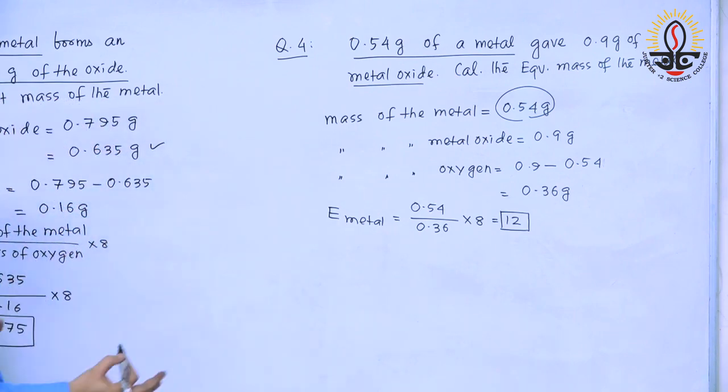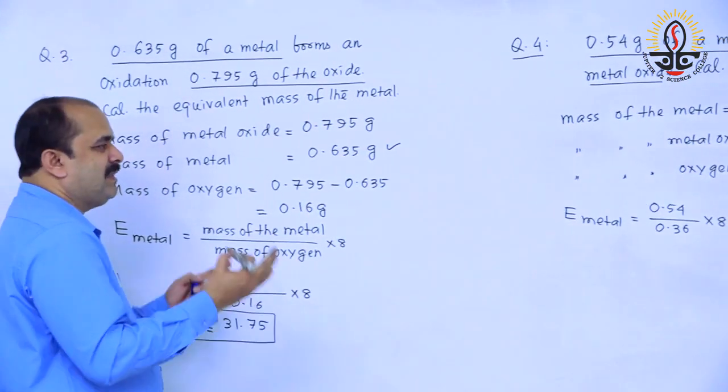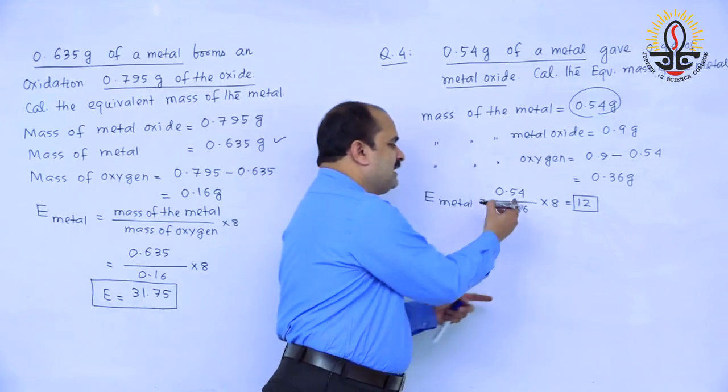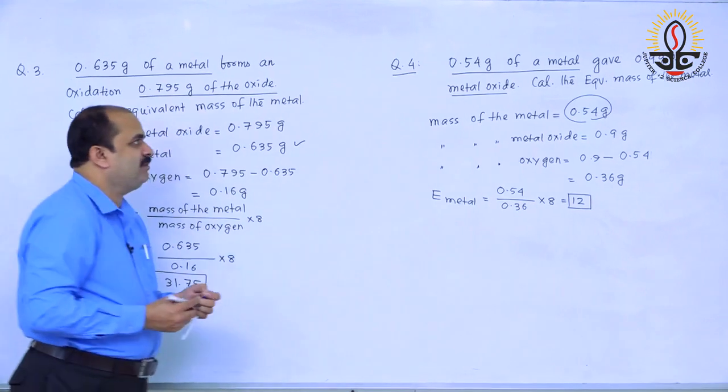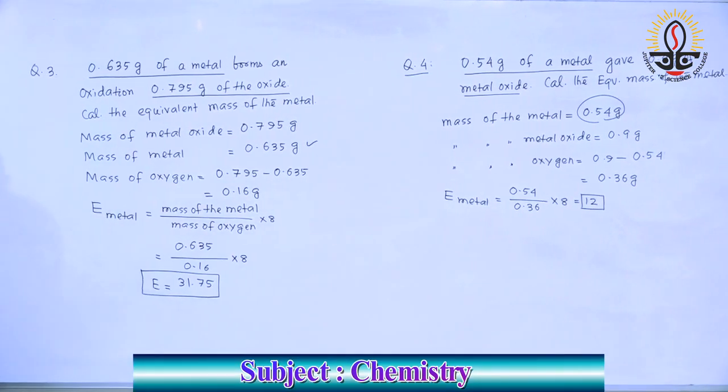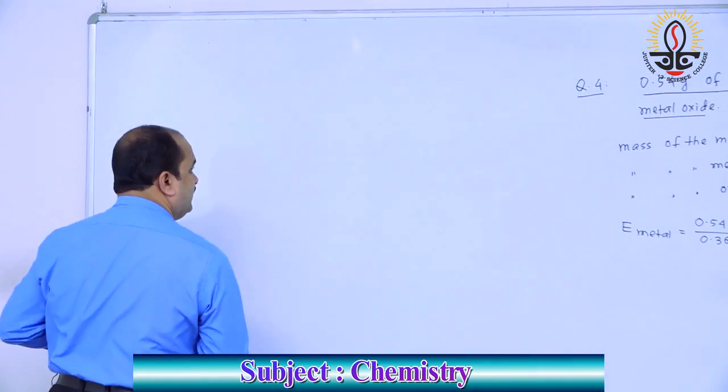So this is all for the questions related to the mass of the substance per 8 gram of oxygen, which will signify equivalent mass. And question number 5, we will discuss the volume relationship.